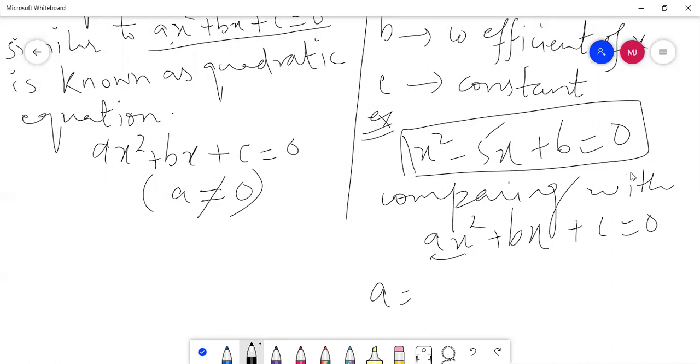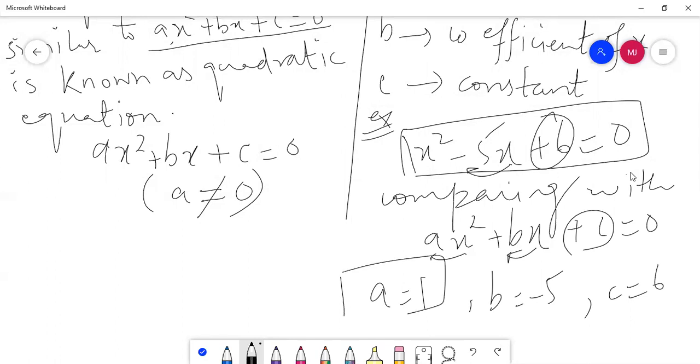Here 1 is present, so a is equal to 1. B is coefficient of x. Here coefficient of x is -5, and the constant term is c. Here the constant number is c. C is equal to +6. These are my values of a, b and c for this equation. Alright students.